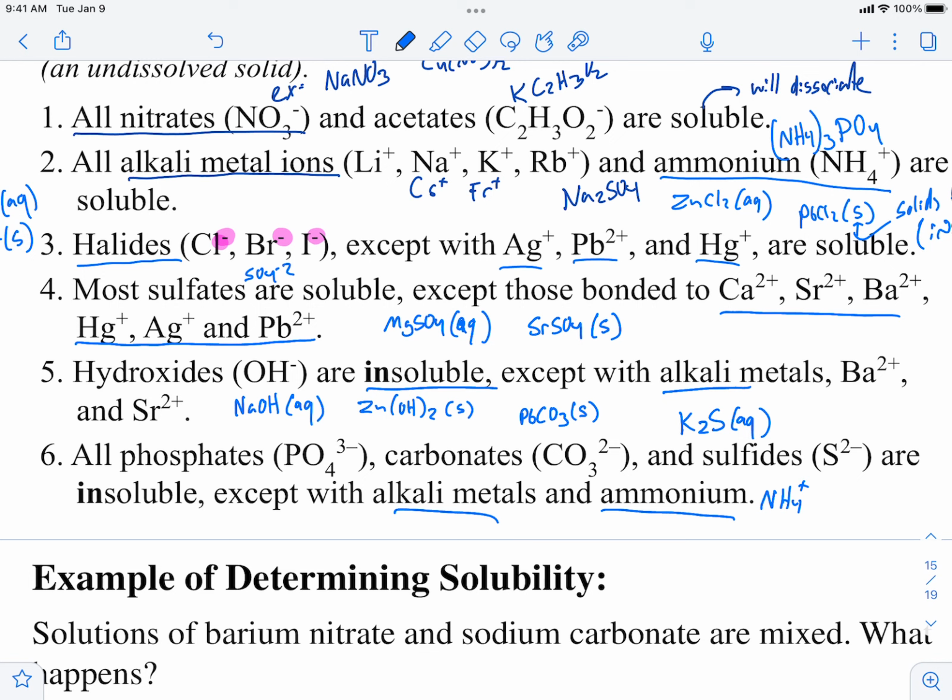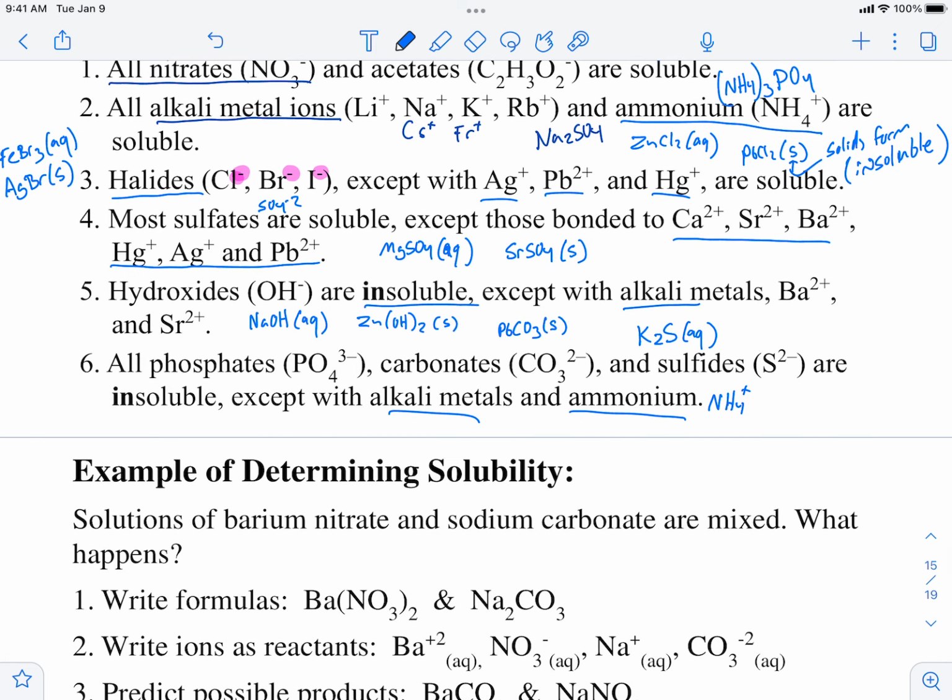If you're a pharmacist and you need to come up with something that will dissolve once it's swallowed in pill form, or if someone's on multiple medications, they have to make sure that when the patient takes more than one medication, those two things don't clump up, because otherwise it would be ineffective. They have to make sure they're soluble. So these rules are really important in healthcare and pharmacy. Also in water systems, and for civil engineering.